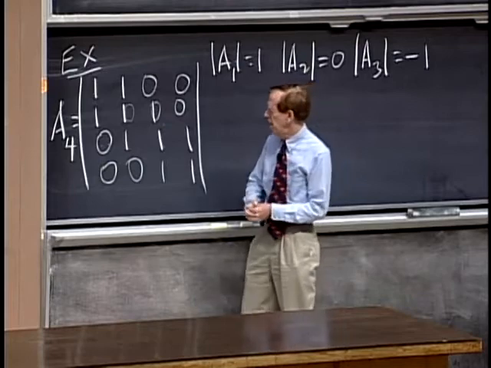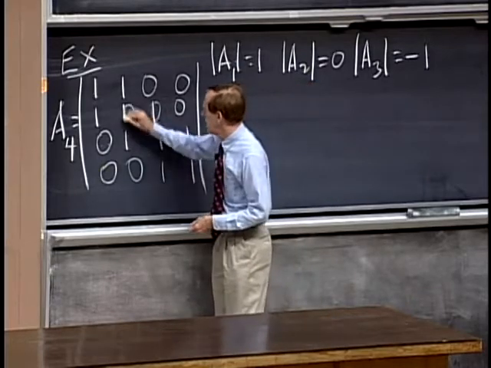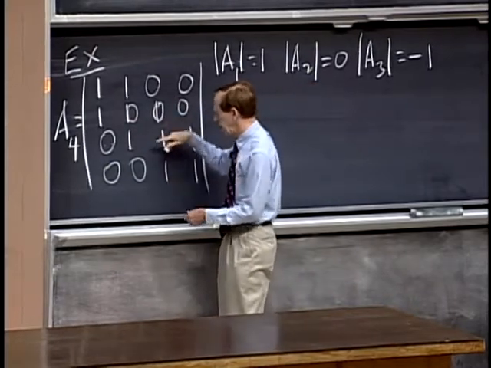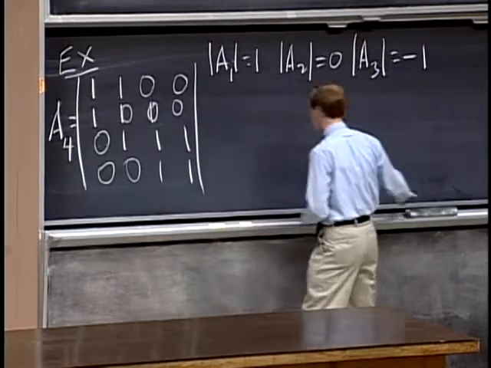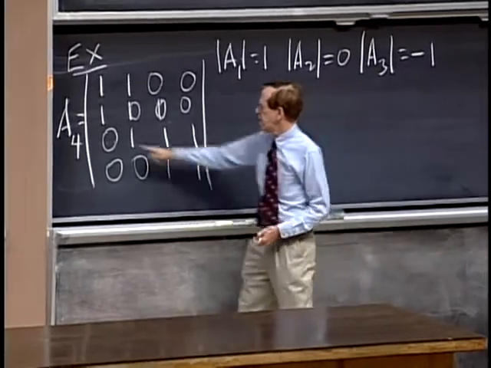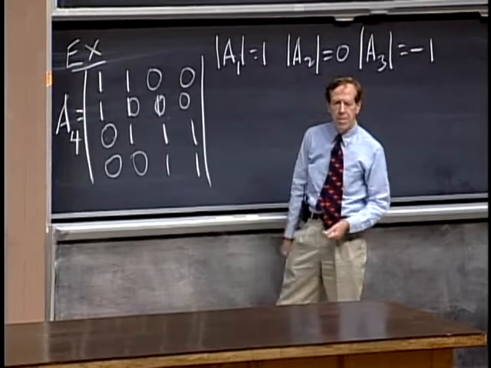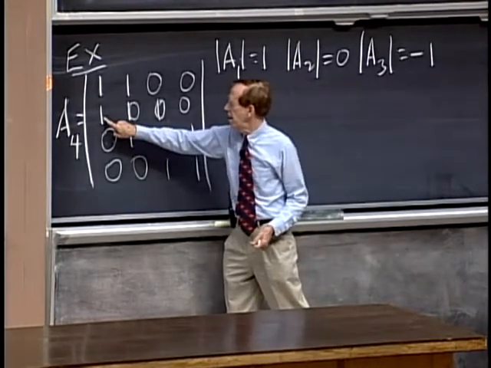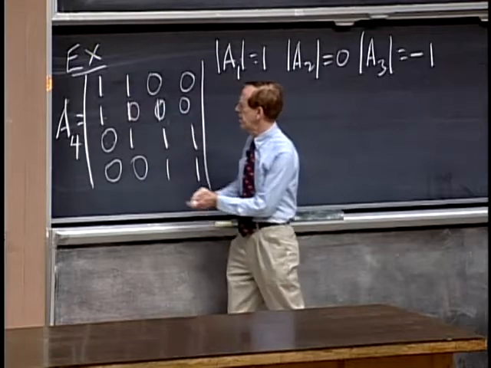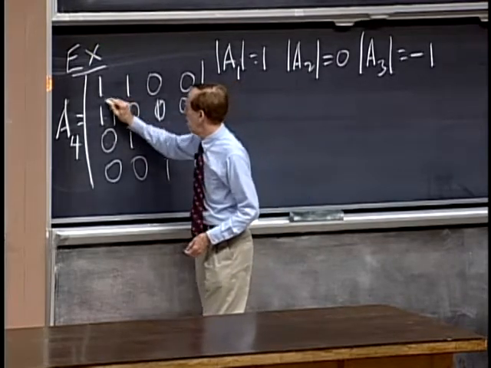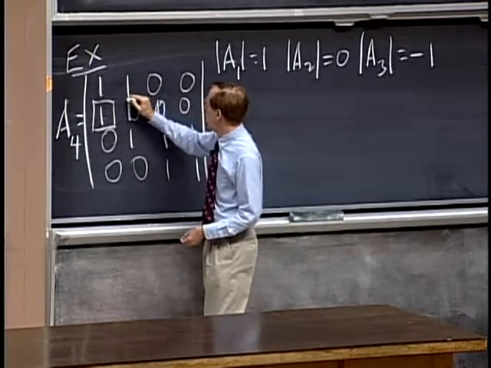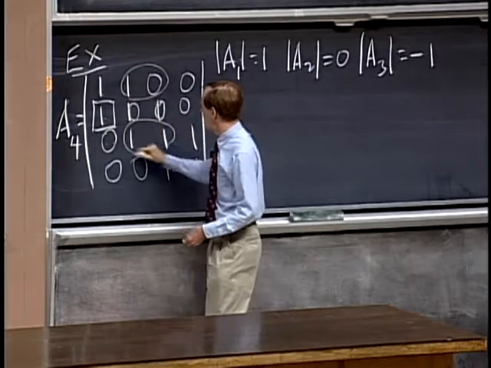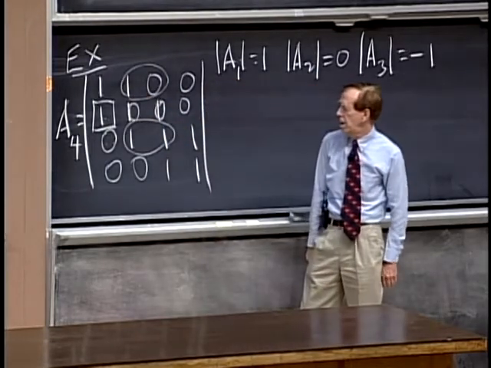If this was now zeros, and I'm looking at this 3 by 3, use the cofactor formula. Why not use the cofactor formula along that row? Because then I take that number times its cofactor. So I take this number, let me put a box around it, times its cofactor, which is the determinant of that and that, which is what?